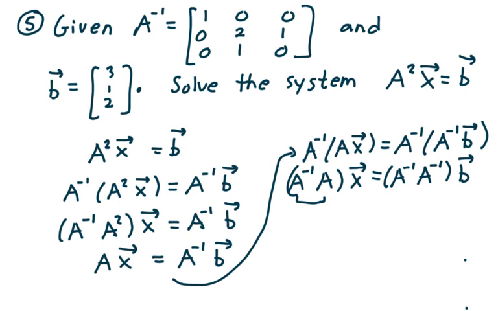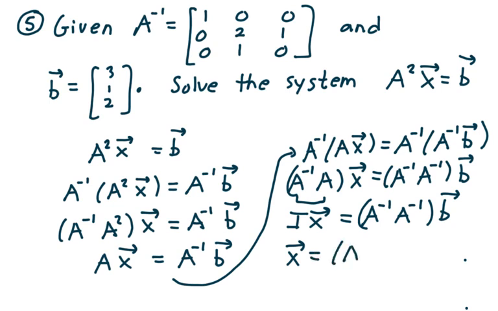Because I'm telling you what A inverse is. So if I take the identity and multiply by X, I get A inverse times B. And so X is A inverse times B.